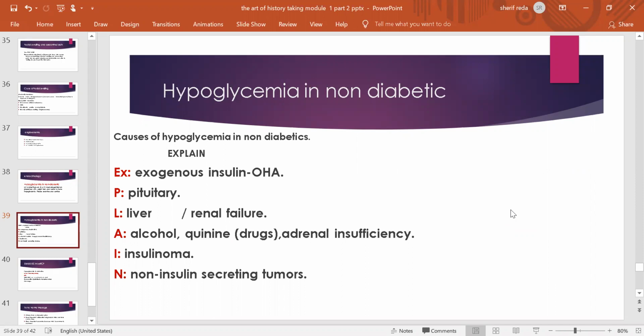A stands for alcohol and quinine, and also adrenal insufficiency. I stands for insulinoma, and N stands for non-insulin secreting tumors. In an unstable patient, there is another differential diagnosis, which could be sepsis, but usually the exam case is a stable case.